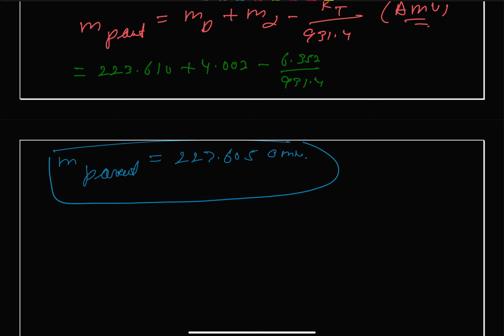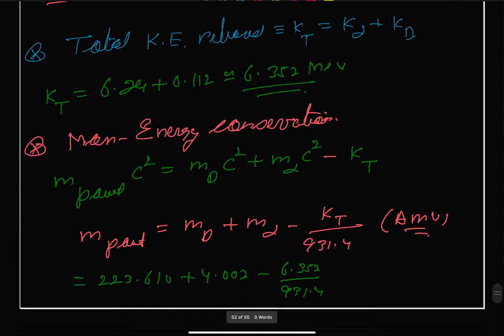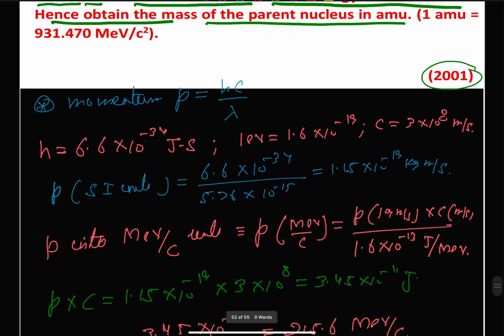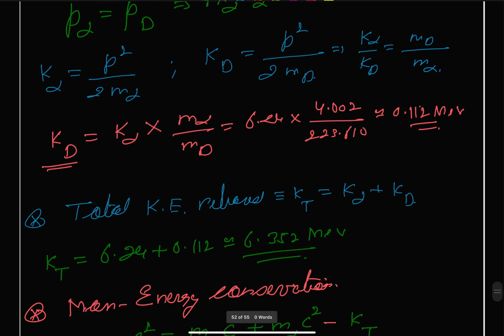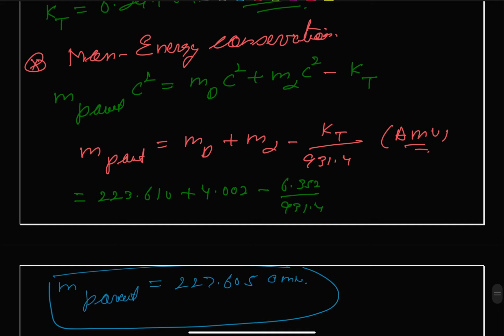I think this was what we were finally asked, the mass of the parent. Here we have to just remember that this kinetic energy is the representation of the mass lost, converted into kinetic energy. So that's why it should be minus, not positive.